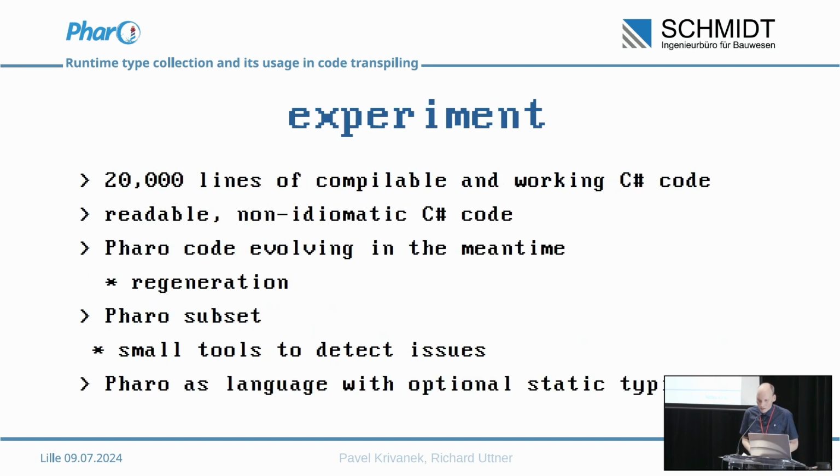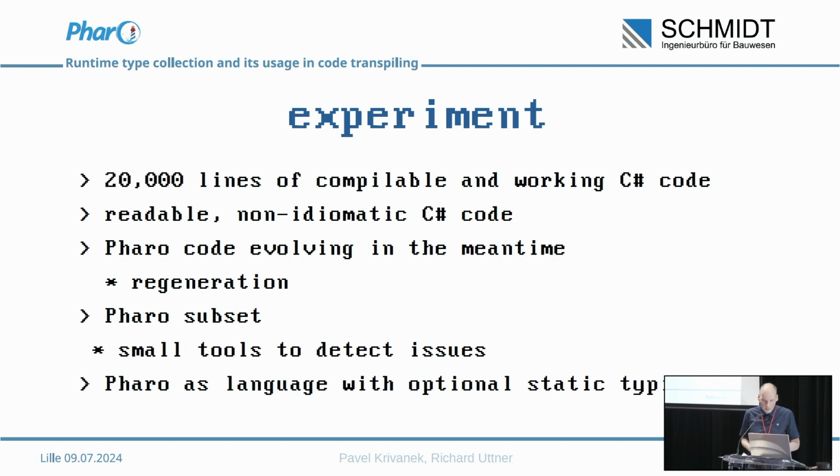So we created a small experiment, we were able to transpile like 20,000 lines of Pharo code into C#, which was compilable and working, and it generates C# code that is readable but not idiomatic, because it uses keywords normal programmers would not use in C#, and so on.